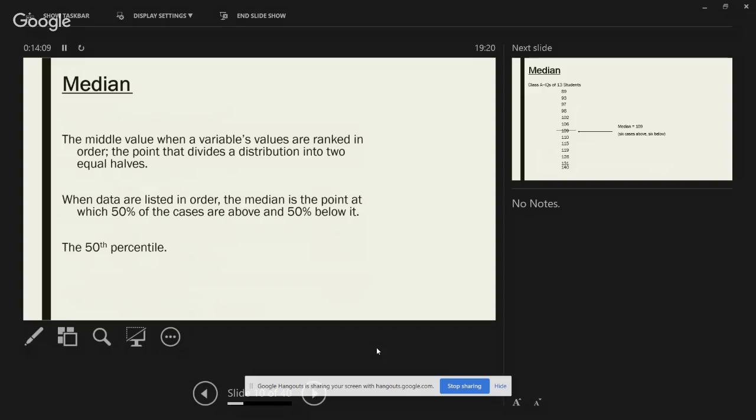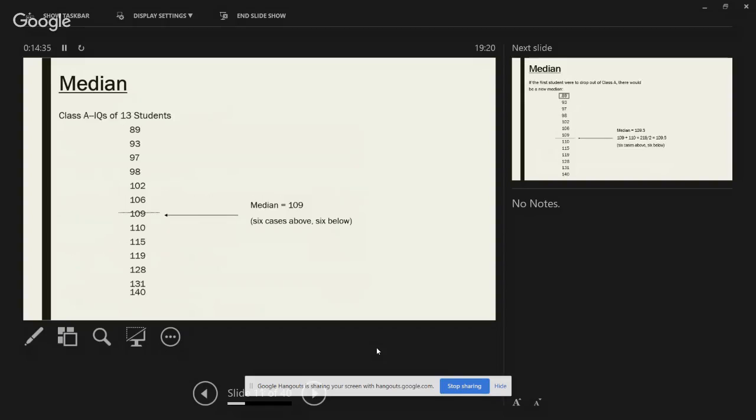Now, talking about median. Median is also known as the middle value of the number of values we have. So it can be called the middle value, or it can be called the 50th percentile, or 50% of whatever we have. These are the general terms, but in statistics we call it median.